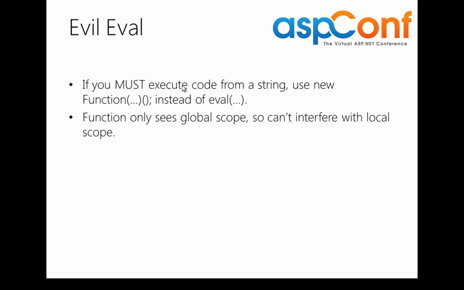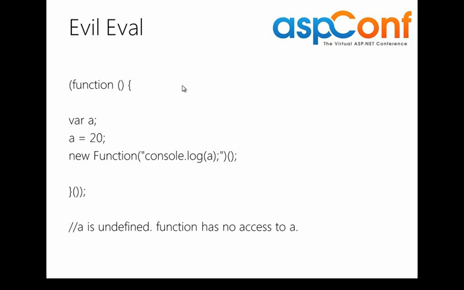If you must execute code that is in the form of a string, consider using the function constructor. Function only sees global scope, so it can't interfere with local scope. So if you do this, where we've got an anonymous function that we're executing immediately, within that function we have var a equals 20.